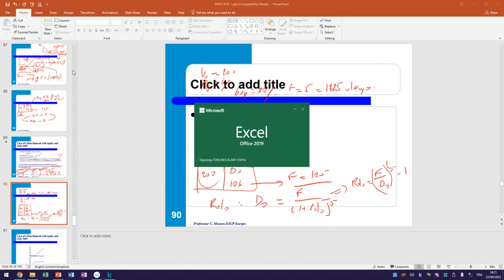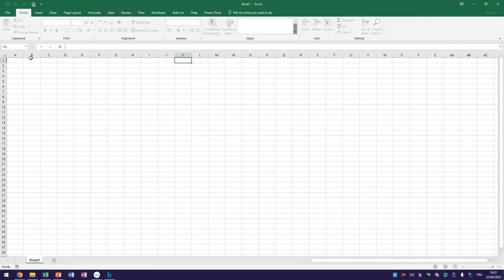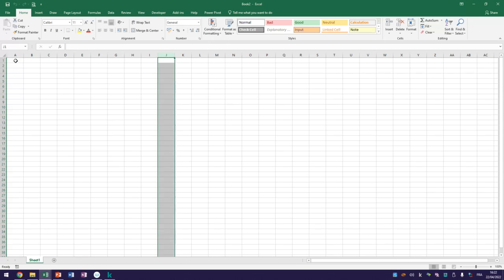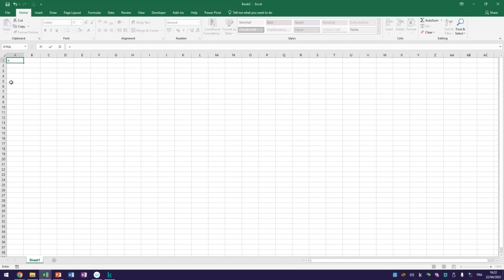So the 106 for the value of the debt. 125 divided by 106, exponent 0.2, minus 1. It's going to be my yield. And so the yield is 3.3%, 335.